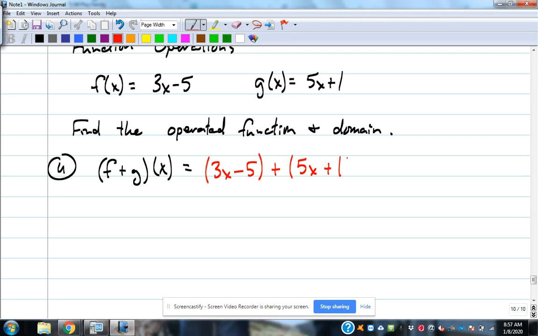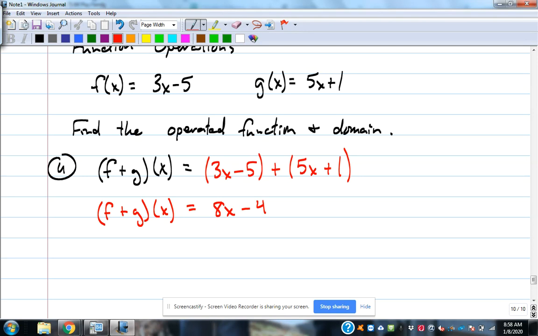Technically, if you want to put them in parentheses to show the two separate ones, that's fine. You don't have to with the addition. It's not going to be an issue. And how do we add those two together? Just like terms. It really is that easy. 3x plus 5x is 8x. Negative 5 plus 1 would be negative 4. So there's our operated function.